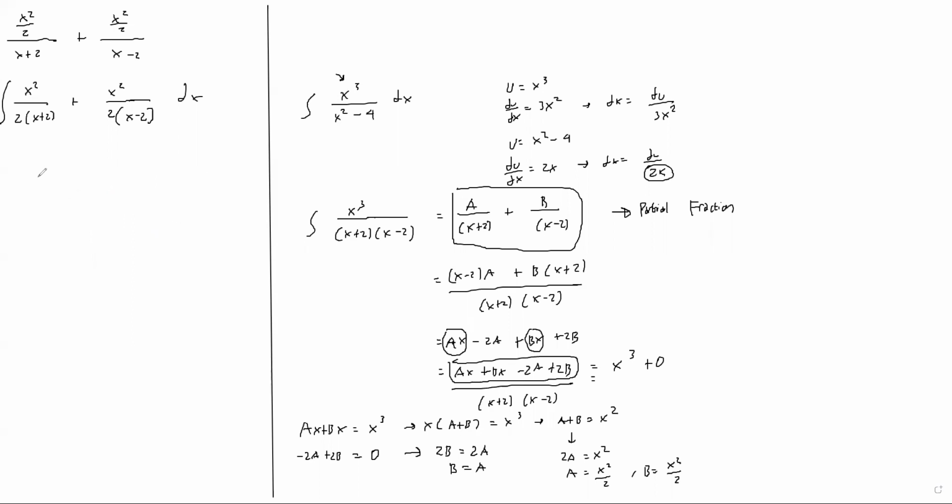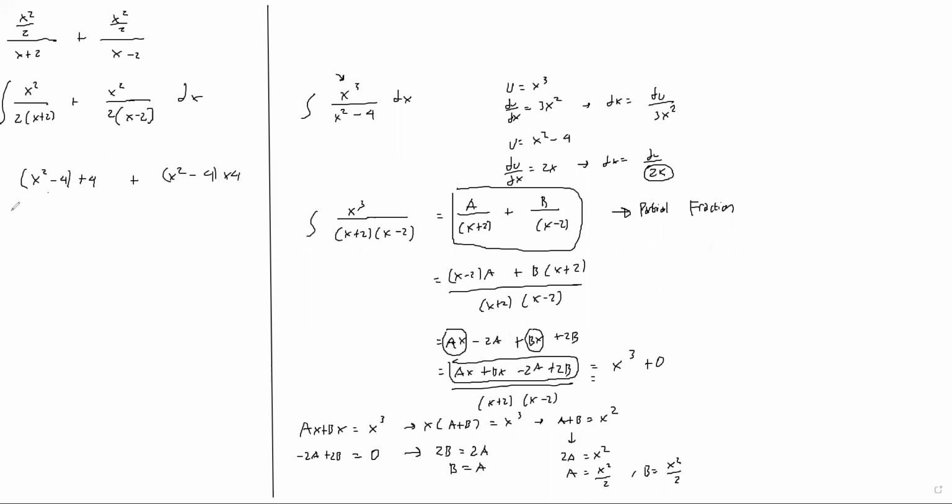So what we can do here is make the x squared in here into, for example, x squared minus 4, and then plus 4, and then added by x squared minus 4 plus 4. Then I can factor this one right here.